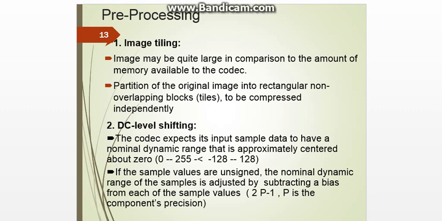Now in case of the pre-processing, what is the image tiling? The term tiling refers to the partition of the original image into rectangular non-overlapping blocks which are compressed independently as though they were entirely distinct images.